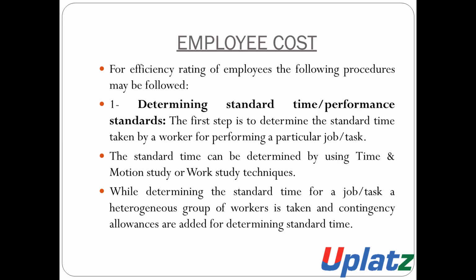The first step is to determine the standard time taken by the worker for performing a particular job or task. The standard time can be measured by using time and motion study or work study techniques.